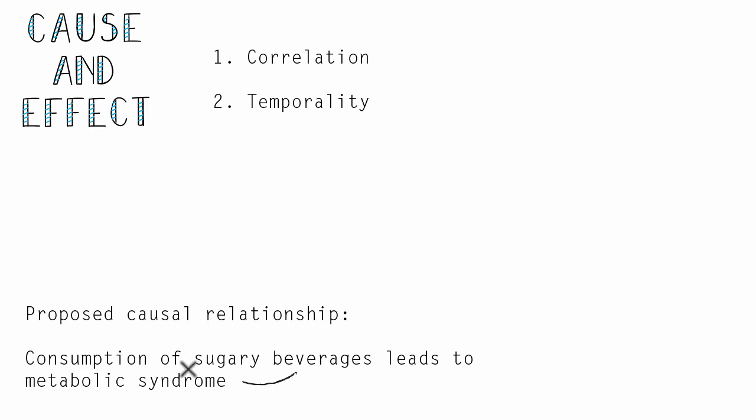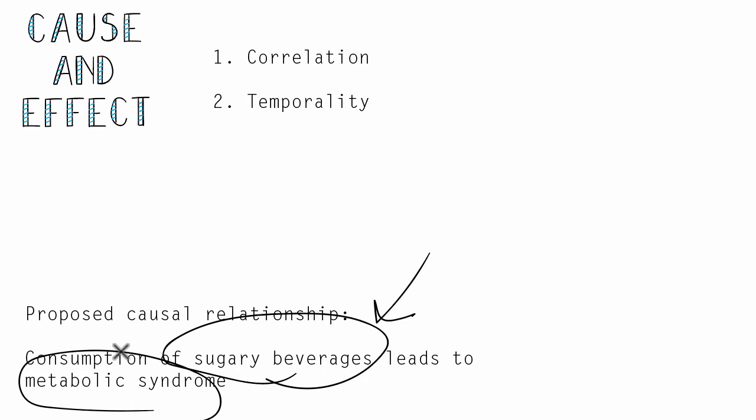So here, drinking sugary beverages would need to precede getting metabolic syndrome in order for us to say that one caused the other. If you never saw this coming before, then you couldn't argue that it's causing the other thing. If anything, it may be the effect that's in fact the cause, so that relationship would be reversed. So causes always come before their effects.